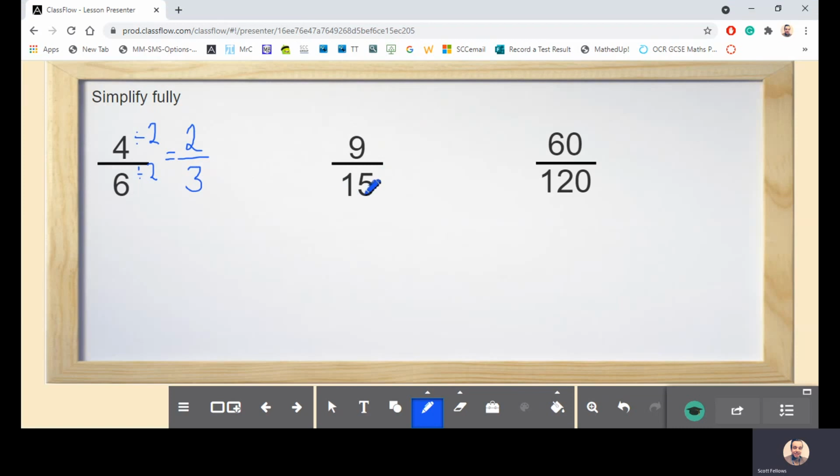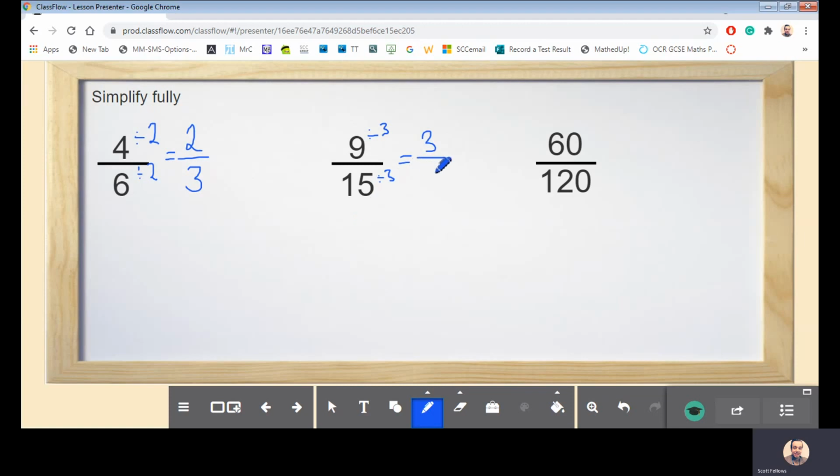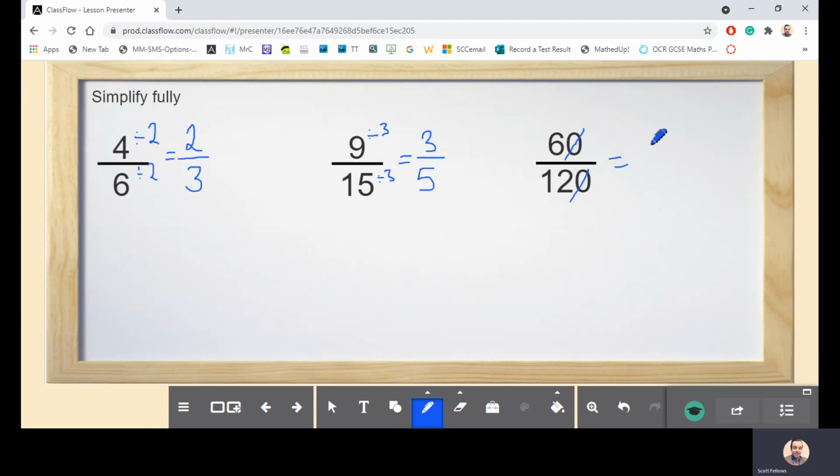Okay, knowing your times tables again, a number that goes into 9 and 15 is 3. So divide the top and bottom by 3. And then 9 divided by 3 is 3. 15 divided by 3 is 5. Okay, so we've simplified that down. When we've got a number that's got 0 on top and 0 on the bottom, the first thing we can do is cancel the zeros off. Okay, it's a little trick there. So now we're left with 6 over 12.